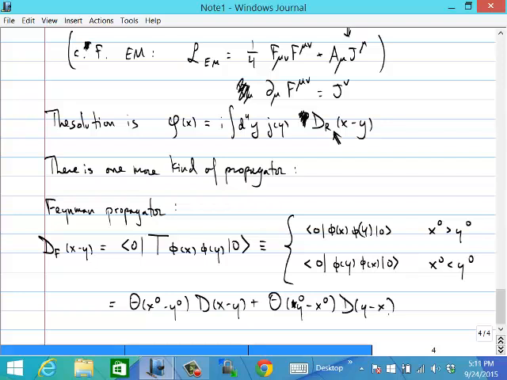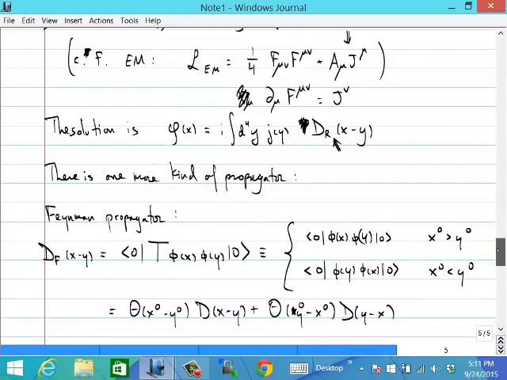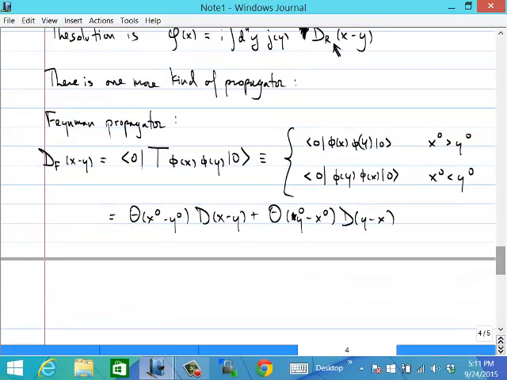And it's just a particular combination of these two propagators. But it's a combination that will appear all over the place in quantum field theory. And indeed, it really appears all over the place in quantum mechanics as well.